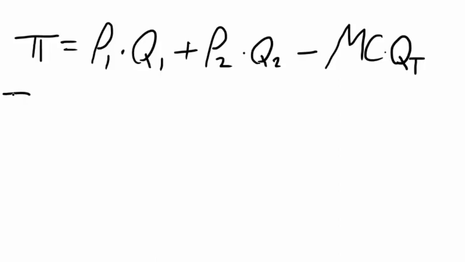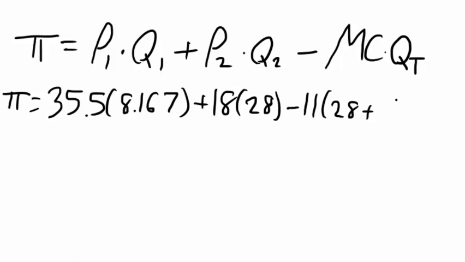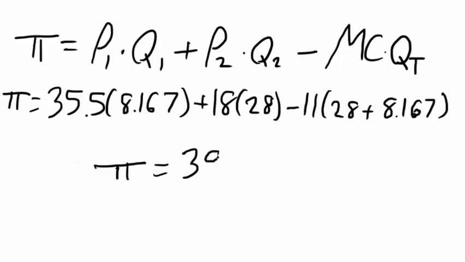Plugging in what we know, profit equals 35.5 times 8.167 plus 18 times 28, minus our marginal cost of 11 times the quantity 28 plus 8.167. Plugging that all into a calculator, we get our final profit of 396.09.